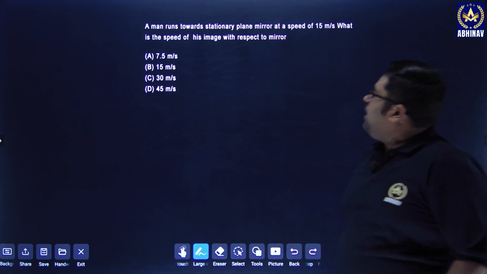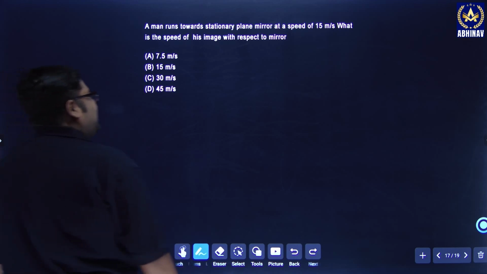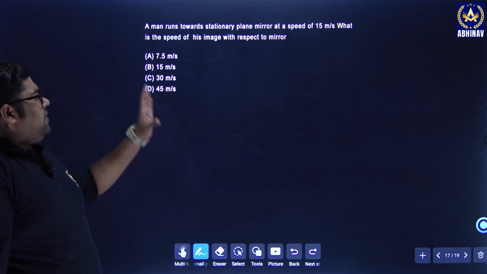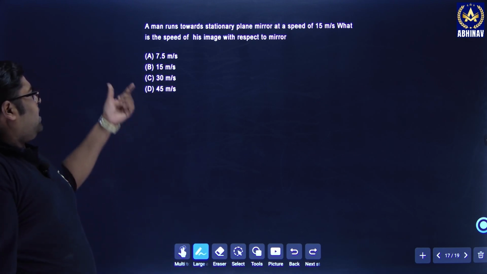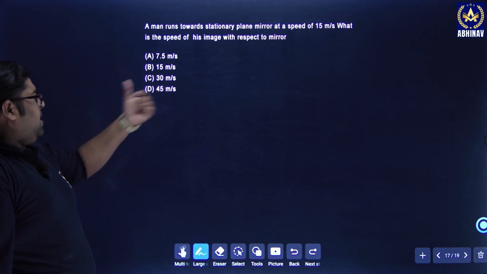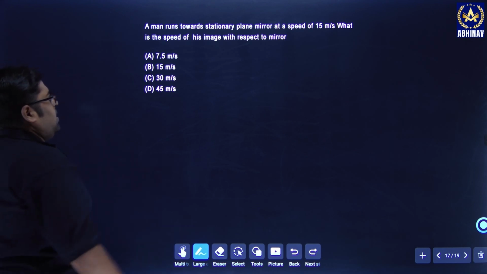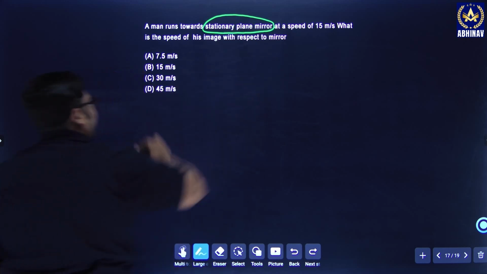A man runs towards a stationary plane mirror at a speed of 15 meters per second. What is the speed of his image with respect to the mirror? Now, this thing is important, that the plane mirror is stationary.